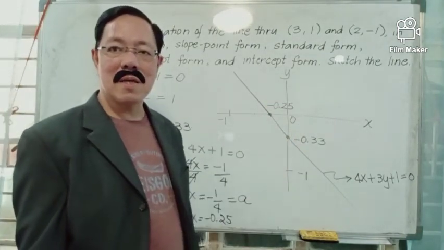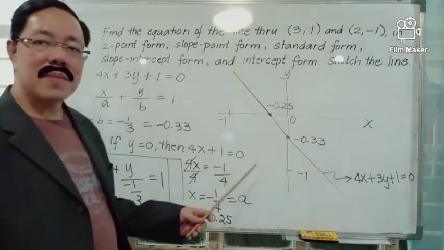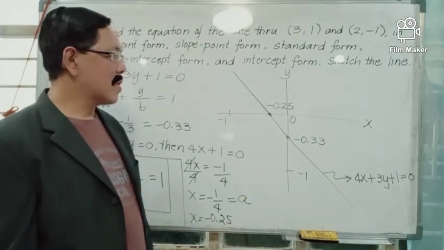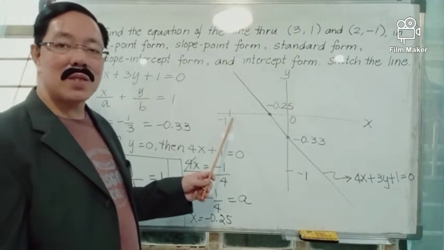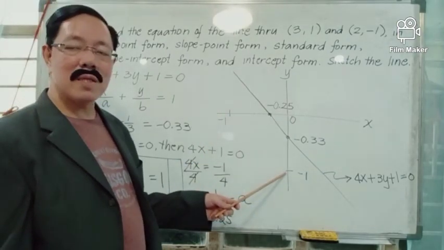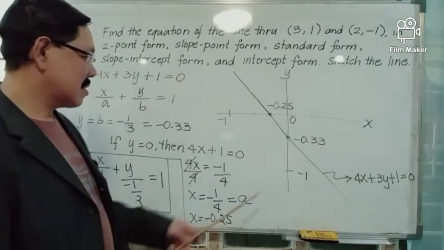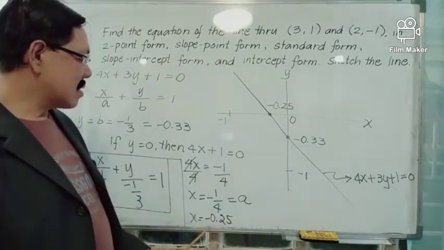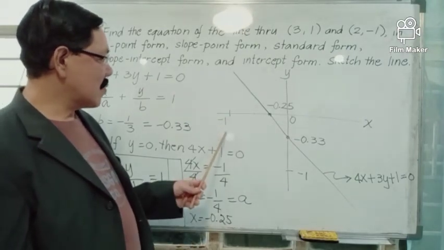We first plot the intercepts. I use 1 unit intervals for the horizontal and the vertical axis. So this point is 1 unit from the origin to the left, and this point is 1 unit from the origin downward. That's why it's negative 1 and this is negative 1. And we plot the x-intercept, negative 0.25. This is negative 1.